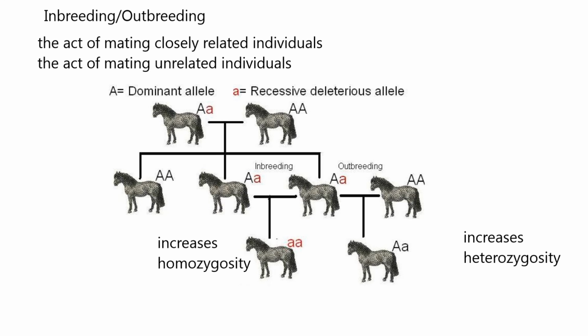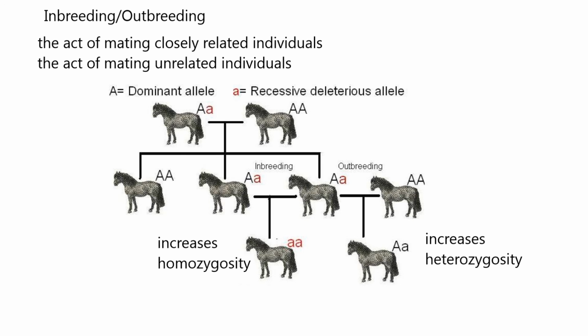Outbreeding is just the opposite. You increase heterozygosity, and that means you're less likely to get two deleterious recessive alleles at the same locus. So this is outbreeding, this is inbreeding, and there are all kinds of terms that dog breeders use.